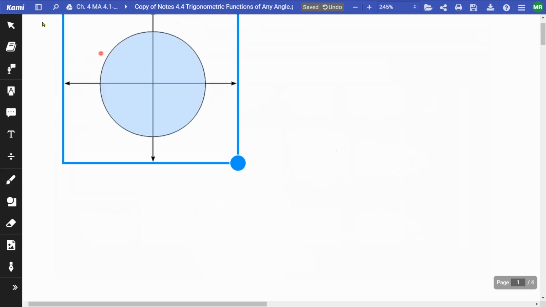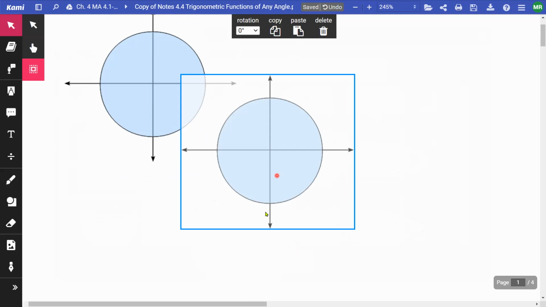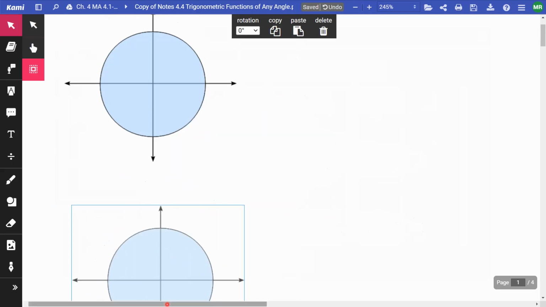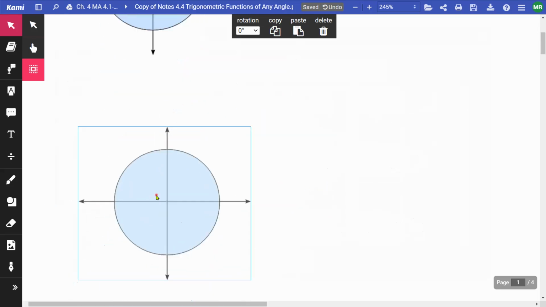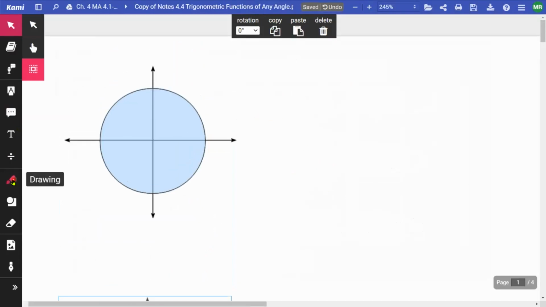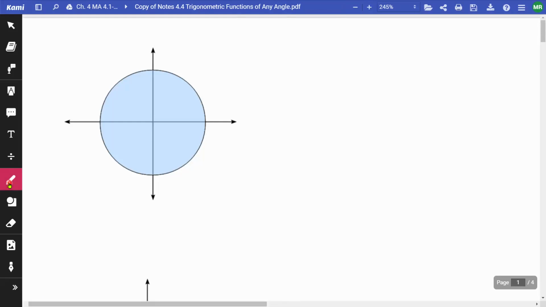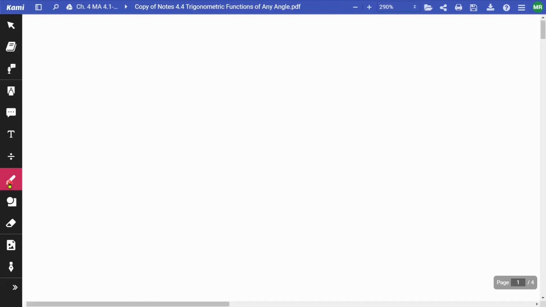I'm going to make a copy of this and get a second one. What I want us to do is think about one as an actual unit circle of radius 1, and one that maybe is not a unit circle.